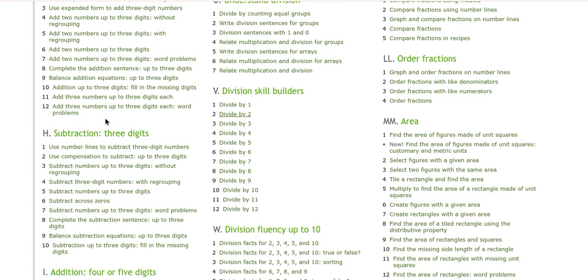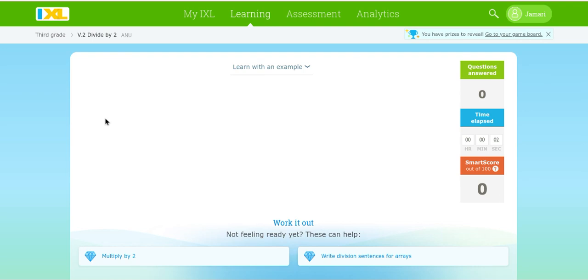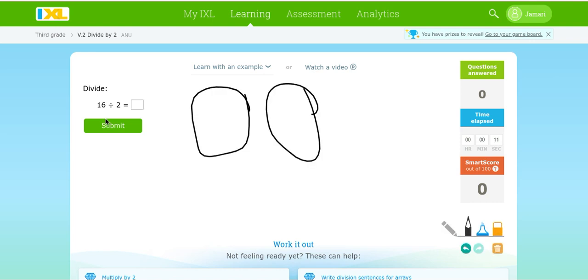Let's do divide by 2. Because dividing is the most easiest thing. 16 divided by 2. What is this? So we're gonna draw 2 groups of 16.